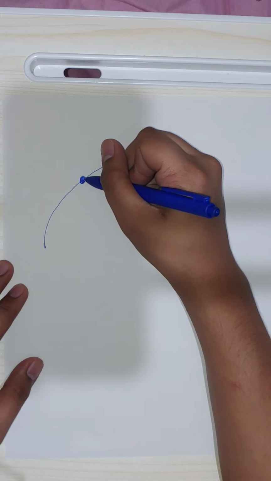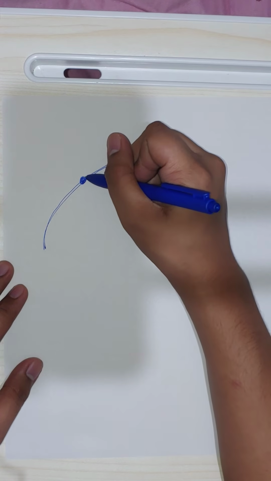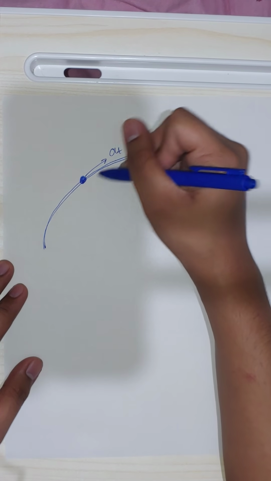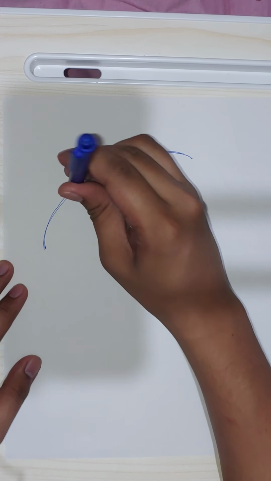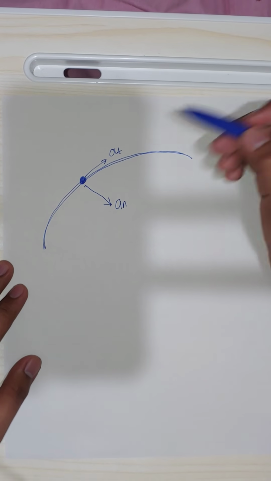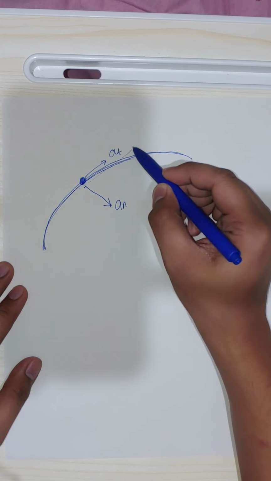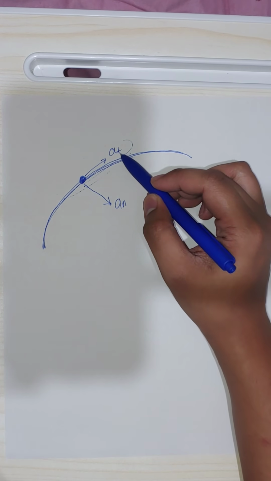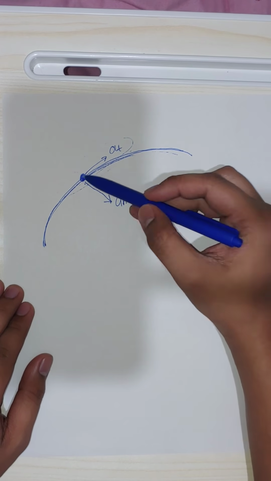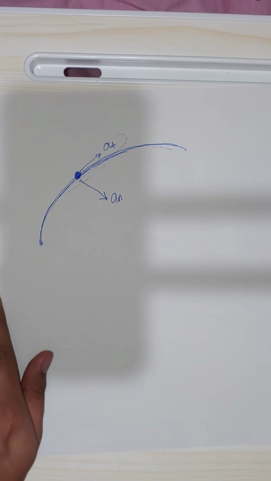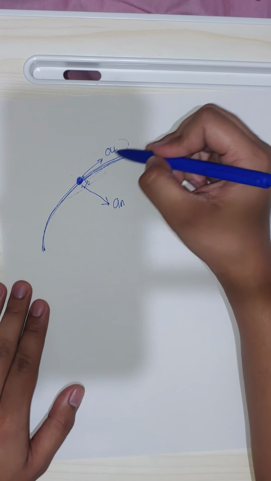If the particle is moving in a curved path, we have the tangential acceleration, and let's say this is our normal acceleration, and then there is the binormal component. The acceleration is always tangent to the path of the motion. How about this other acceleration here? That acceleration is always normal, or always 90 degrees to the tangential acceleration.